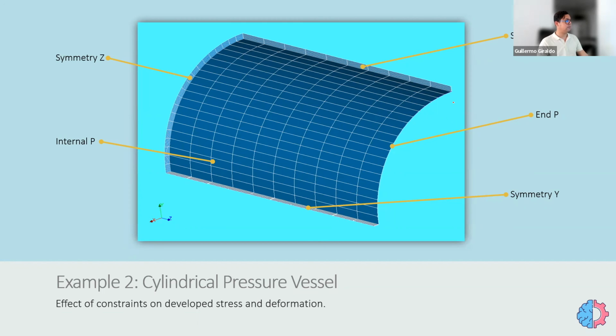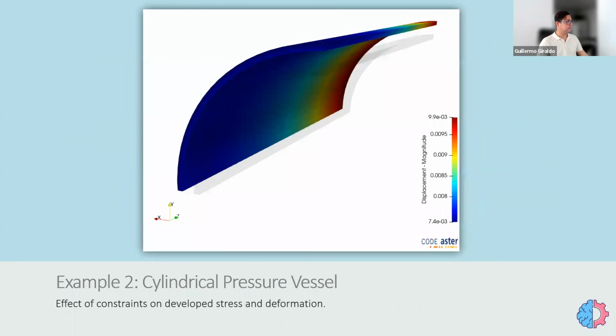We could, for example, create a cover here and apply a pressure. Yeah, but that's equivalent. I will just take this phase and apply the pressure that I know is developed due to the axial stress. And let's see the results.